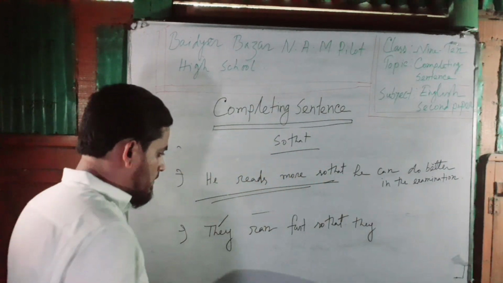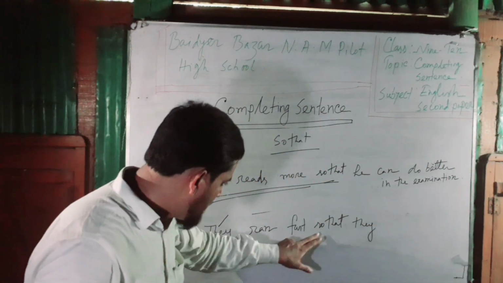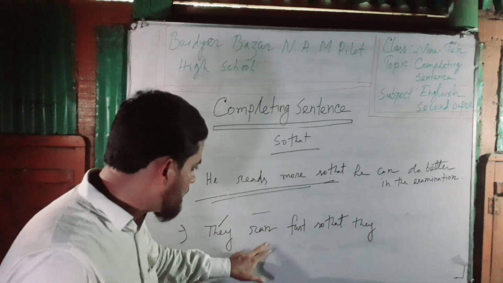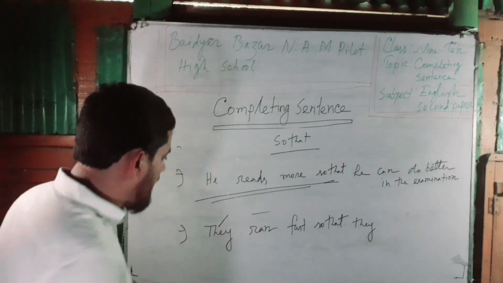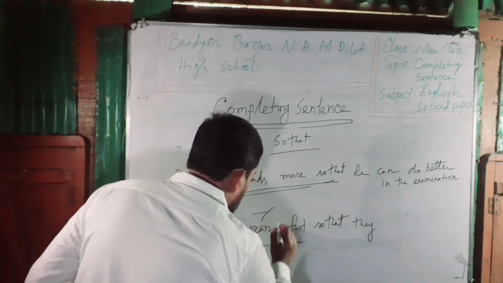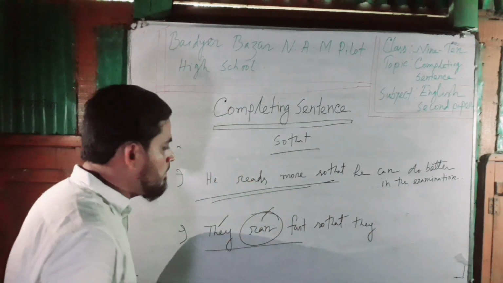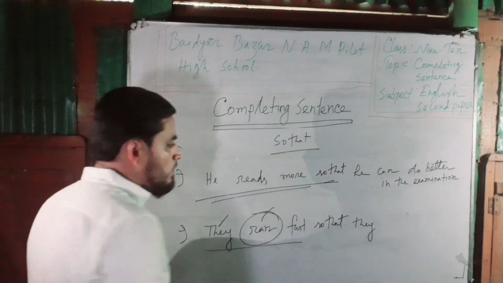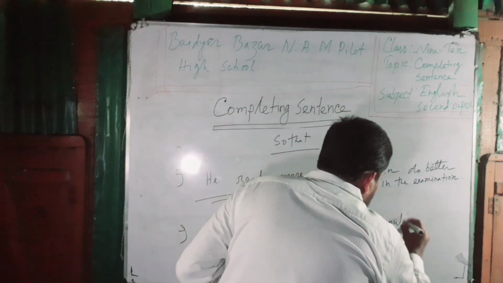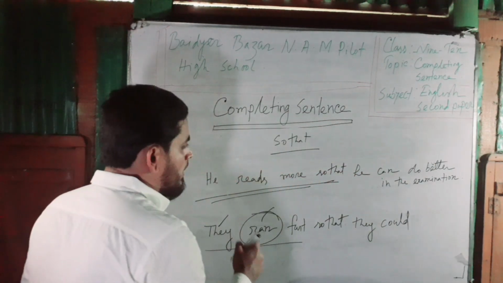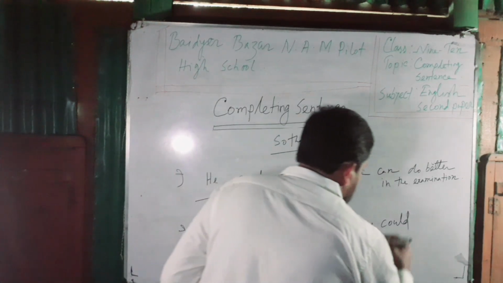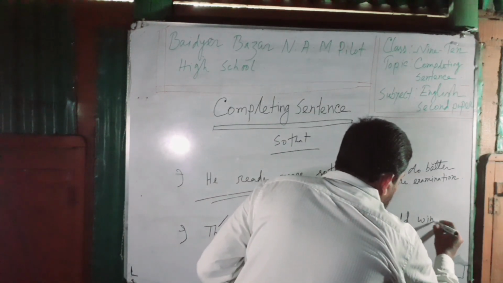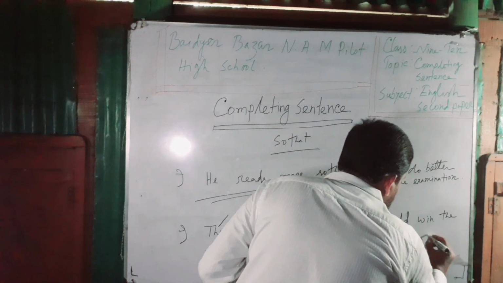Now just notice the verb form of the first clause. Here we can see that this is in past form, ran. This is the past form of the principal verb. So if there is past form, as I earlier said, it will be could. So they ran fast so that they could win the race.